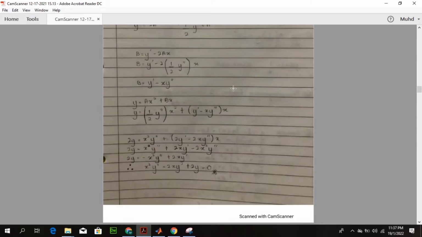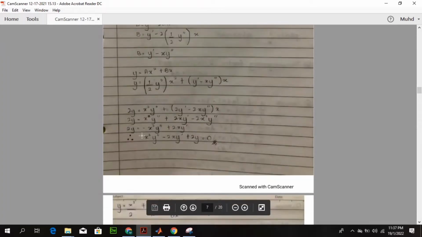After we get the a and b, we put into the equation which is ax square plus bx. Kita gantikan a dengan b ni macam ni. And then we get the final answer x square y double prime minus 2xy prime plus 2y equal to 0.